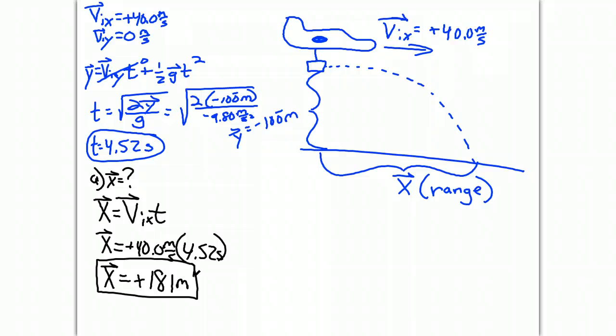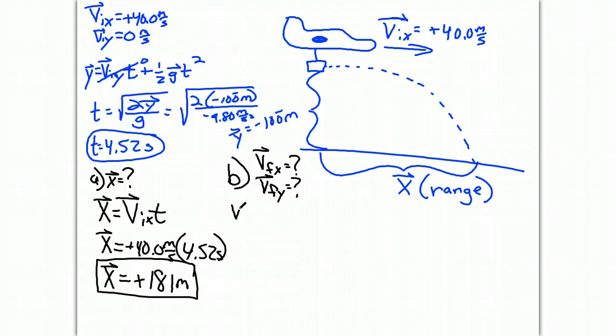So I guess my picture is not too bad as far as the scale. The range should look a little bit further, but it's not bad. And part B wants to know the final components. So we want to know what VFX is. We also want to know what VFY is. Well, VFX is pretty simple.